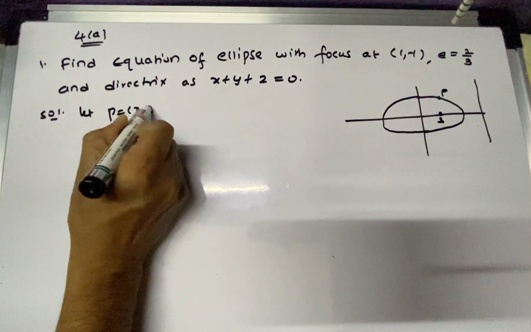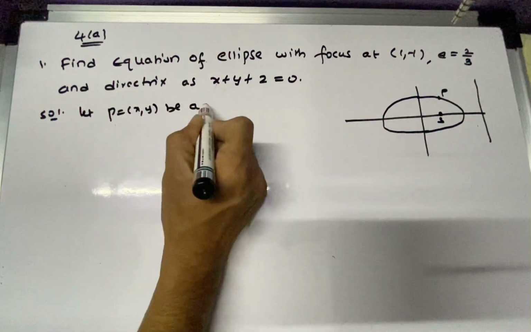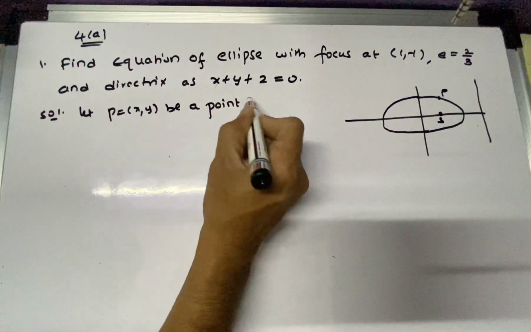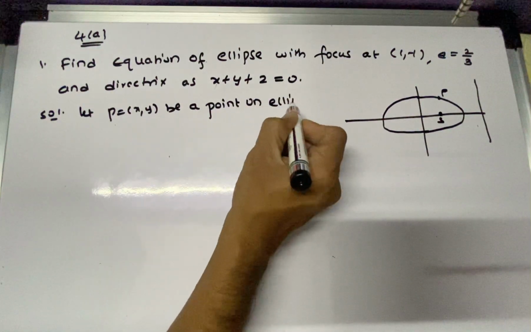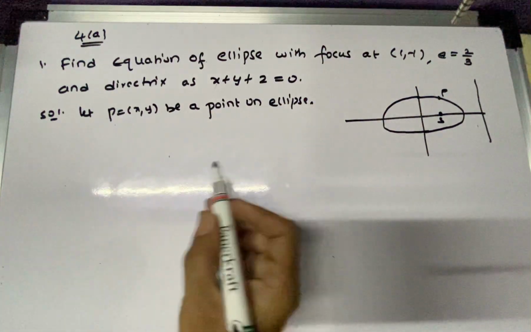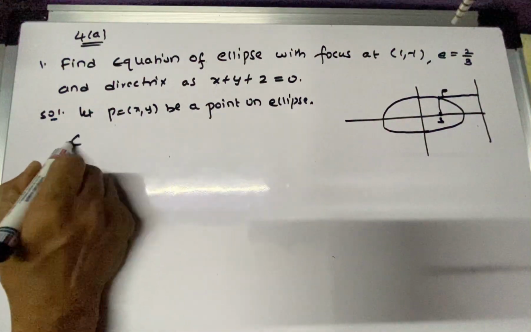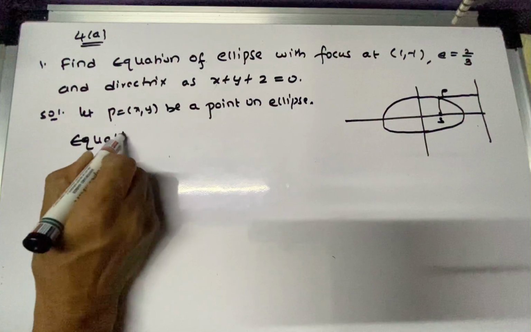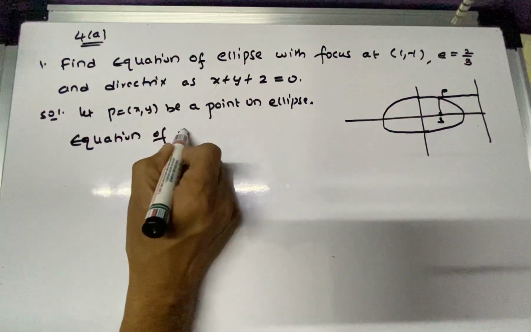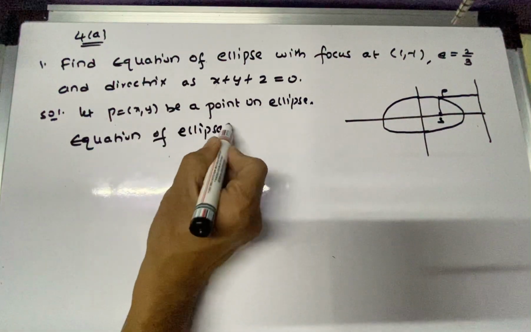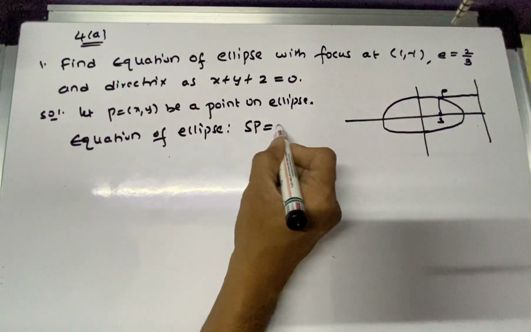Let P equal x comma y be a point on the ellipse. Equation of ellipse: SP is equal to E times PM.